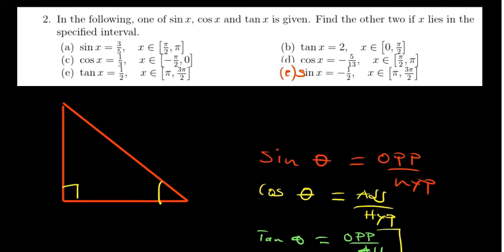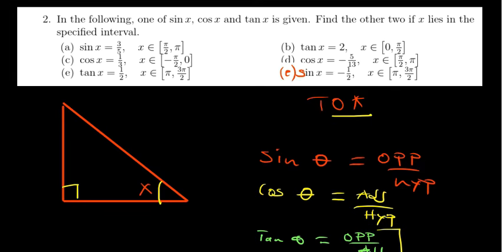If we take this to be our x, SOH CAH TOA tells us tan theta is opposite over adjacent, TOA.